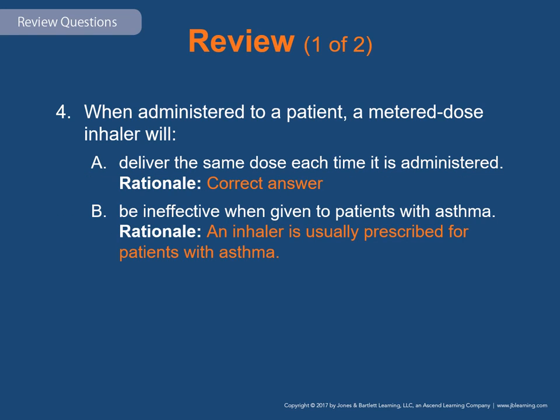Let's look at our incorrect answers. When administered to a patient, a metered dose inhaler will be ineffective when given to patients with asthma. This is incorrect because a different kind of inhaler is usually prescribed for patients with asthma. It's more of a use-as-you-need-it rather than metered dose.